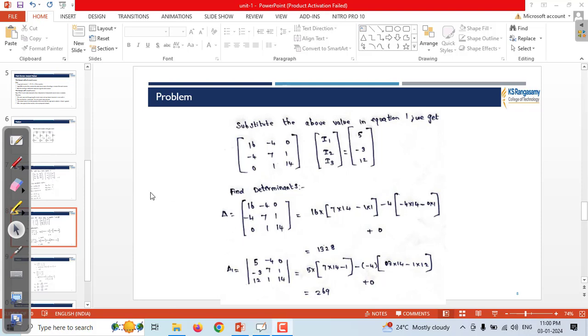For the del value, we get the answer 1328. For del 1, the first column is replaced with the voltage source values, 5, minus 3 and 12. Again we calculate the value.